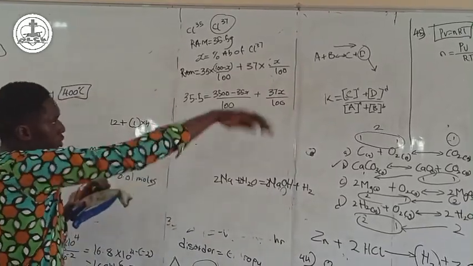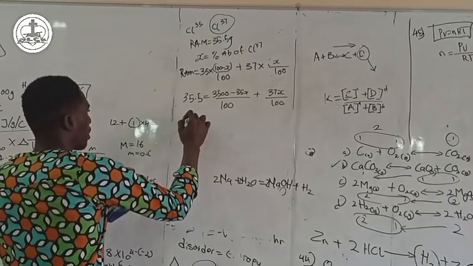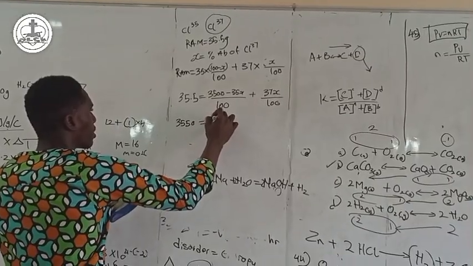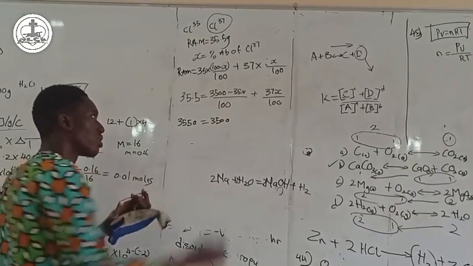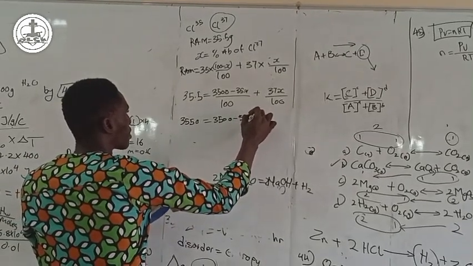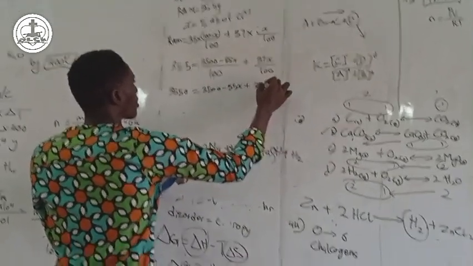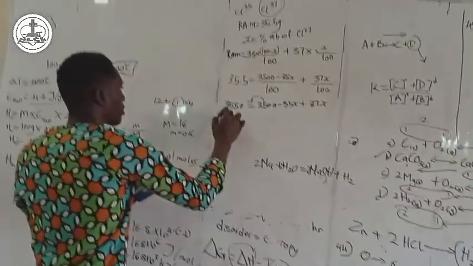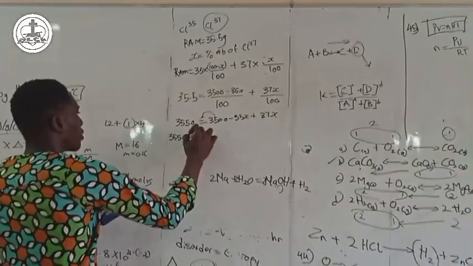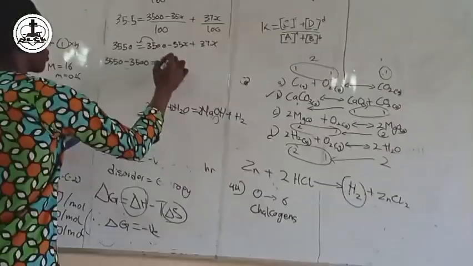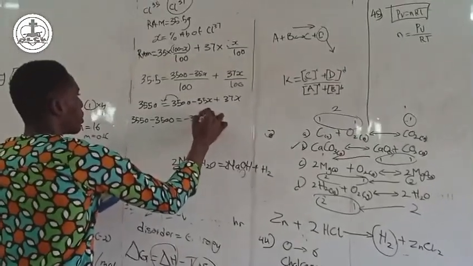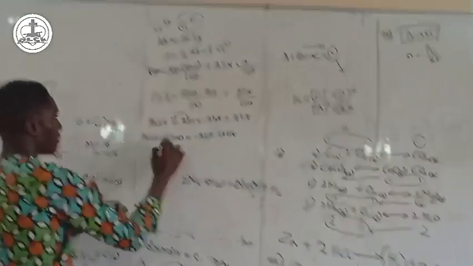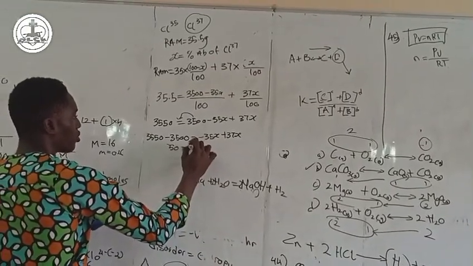If we multiply both sides by 100, we have 3,550 equals 3,500 minus 35x plus 37x. If we simplify it, 3,550 minus 3,500 is equal to minus 35x plus 37x, and this gives us 50 equals 2x.